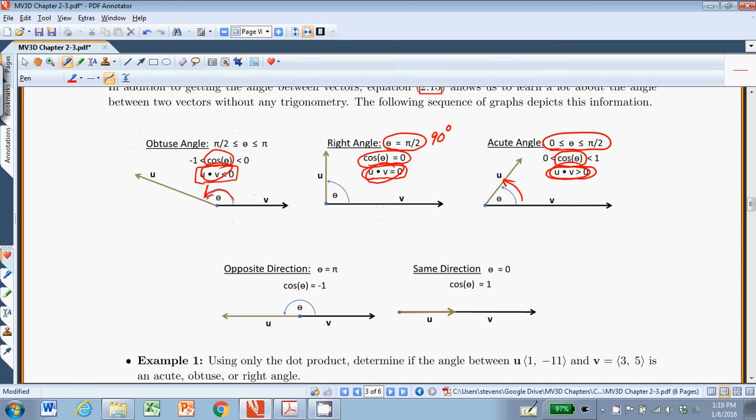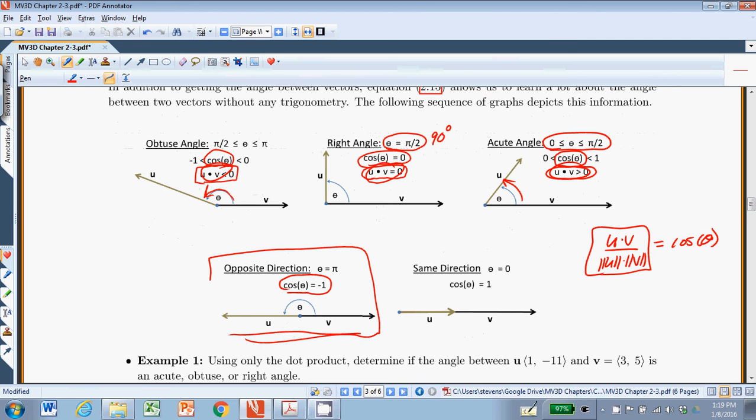A couple other ones. The cosine of the angle, if I look at u dot v over the size of u times the size of v, remember that's the cosine of the angle. It's an important formula, that's why I keep writing it down. If this is -1, then the vectors are in opposite directions.